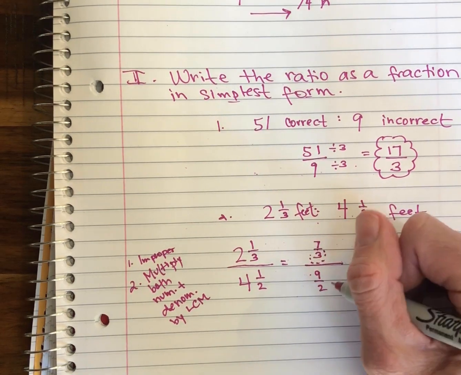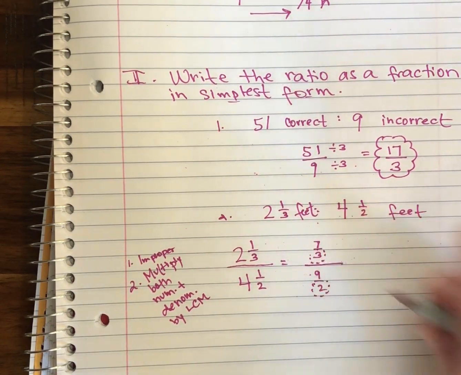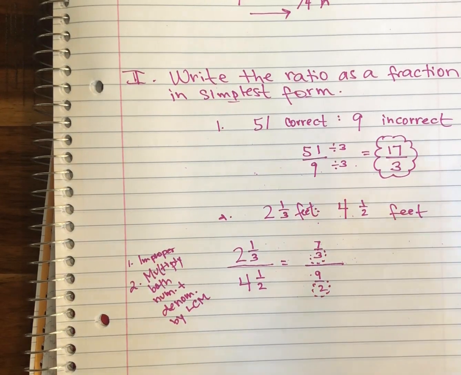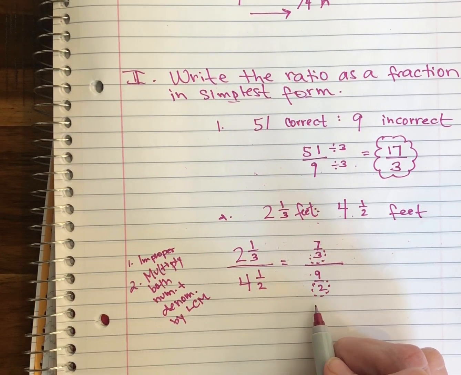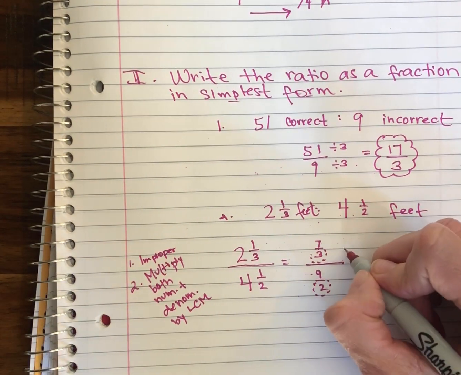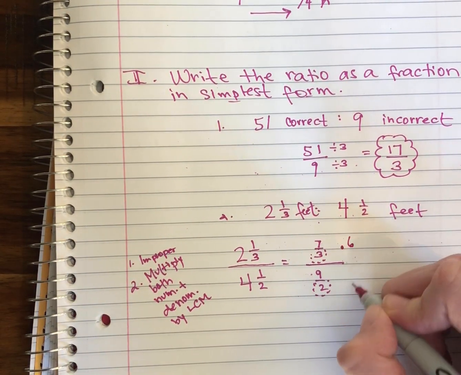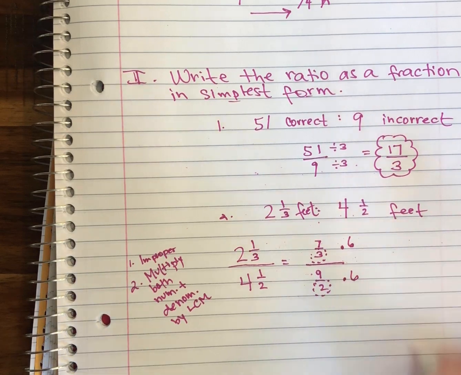Here are the denominators, 3 and 2. If I use the LCM, which is 6, watch what happens. I multiply the numerator by 6, I multiply the denominator by 6.